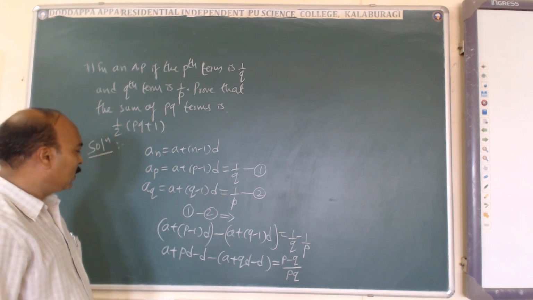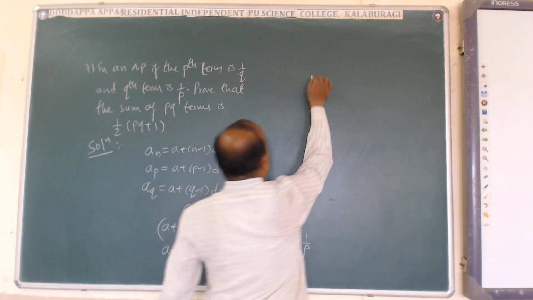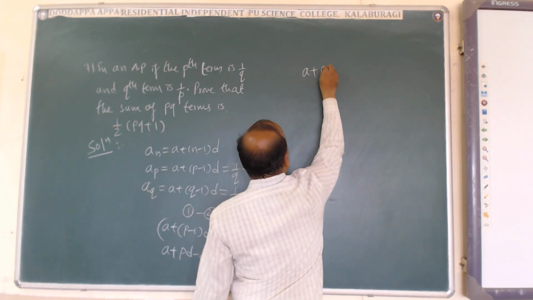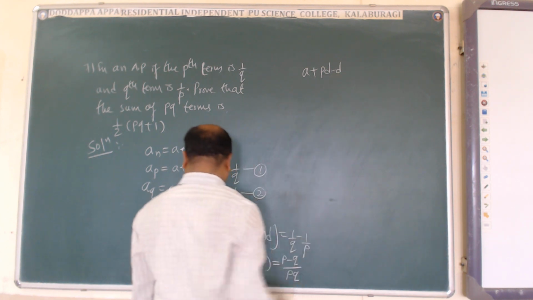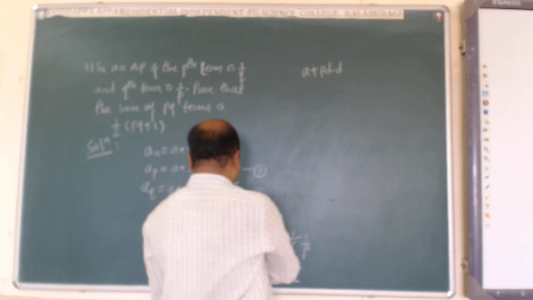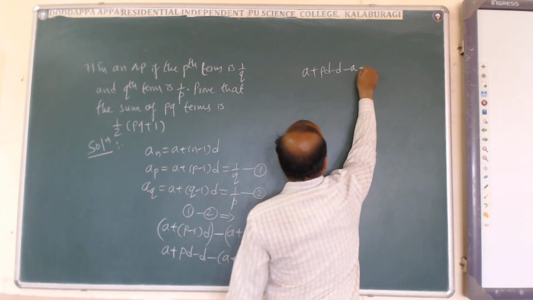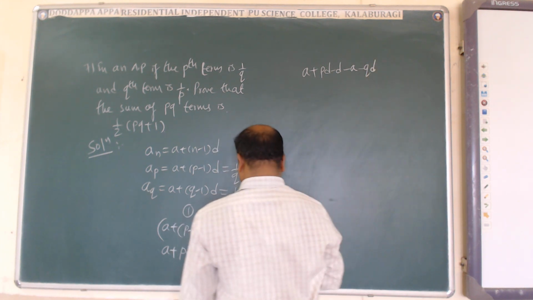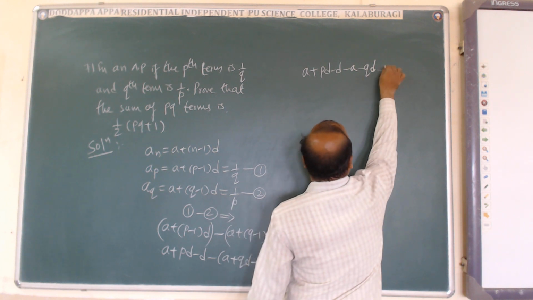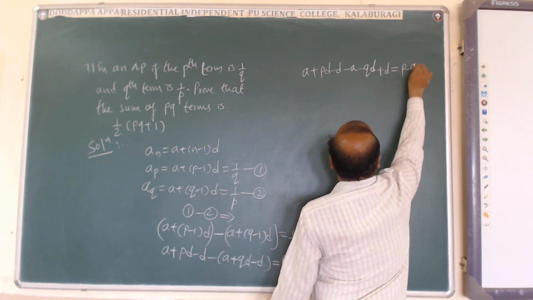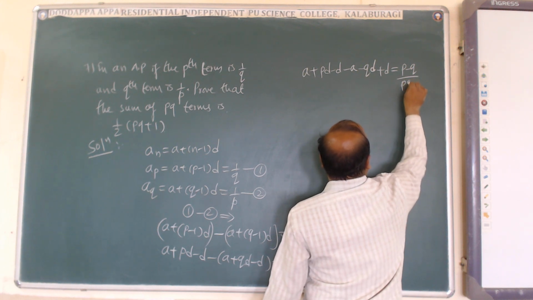This term we get. Then simplify further. A plus pd minus d. You open this bracket, it is minus a minus qd, minus into minus plus d, equal to p minus q divided by pq.